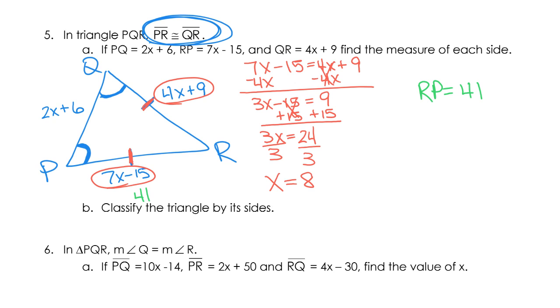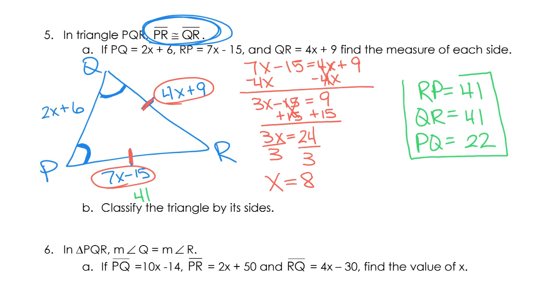Well, QR should end up being 41 too. So let's do QR next. Because they're tick marked, it means that they're equal. 4 times 8 is 32. 32 plus 9 is also 41. And our last side, which is known as PQ or QP, 2 times 8 is 16. 16 plus 6 is 22. And now we have the measure of each side.